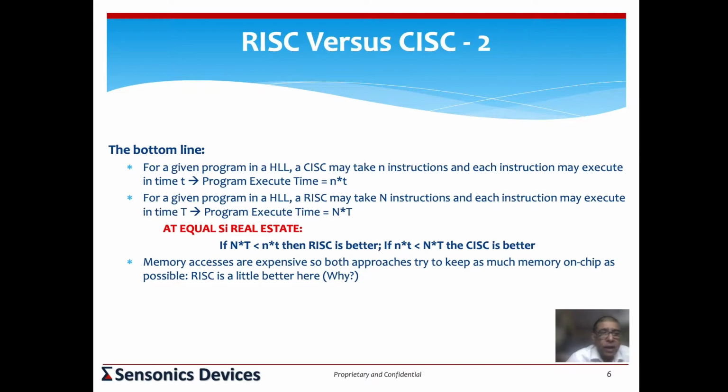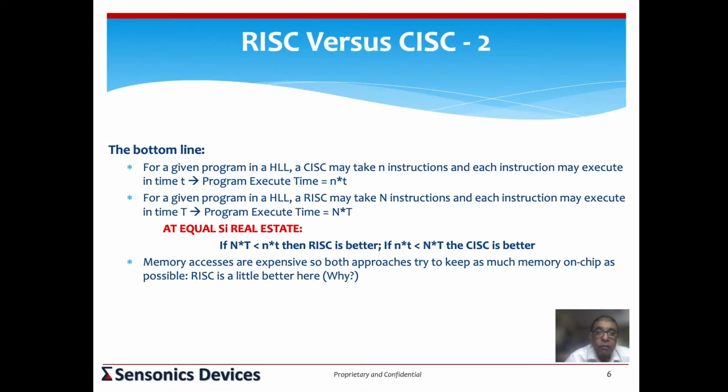The bottom line is that whether CISC is better or RISC is better, we don't enter that argument. But in the case of a RISC, you have a little more opportunity to innovate, in the sense that you reduce the control. You simplified logic so that you have a faster clock.